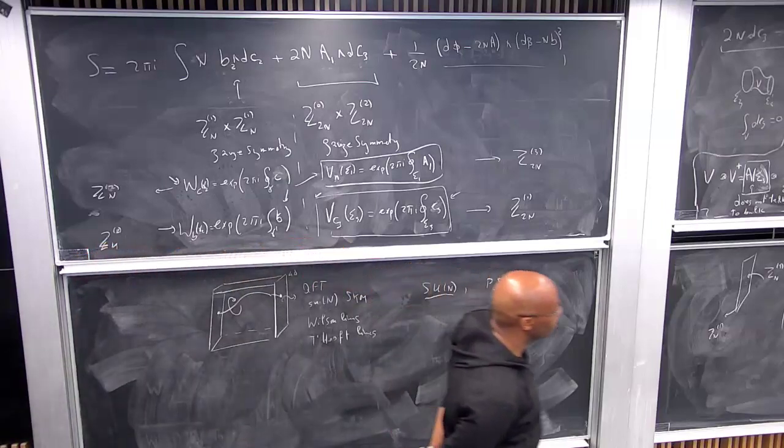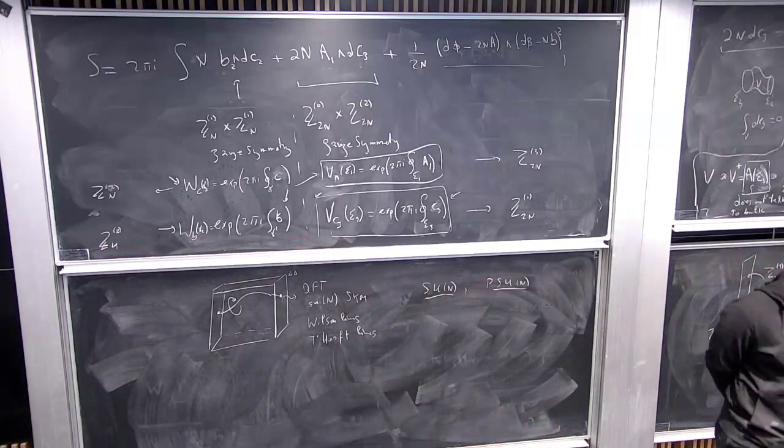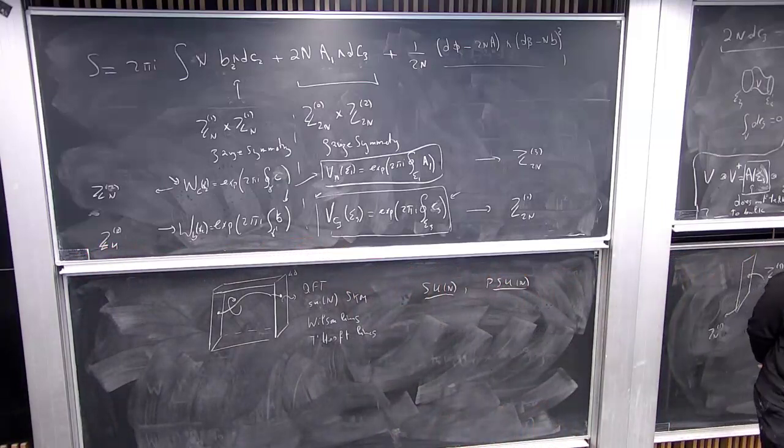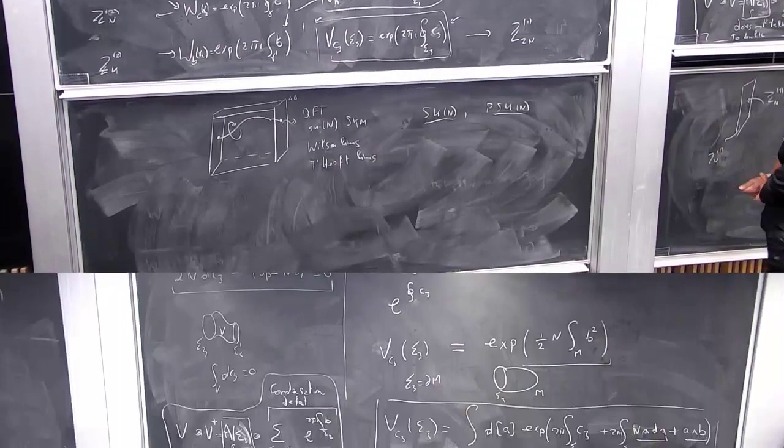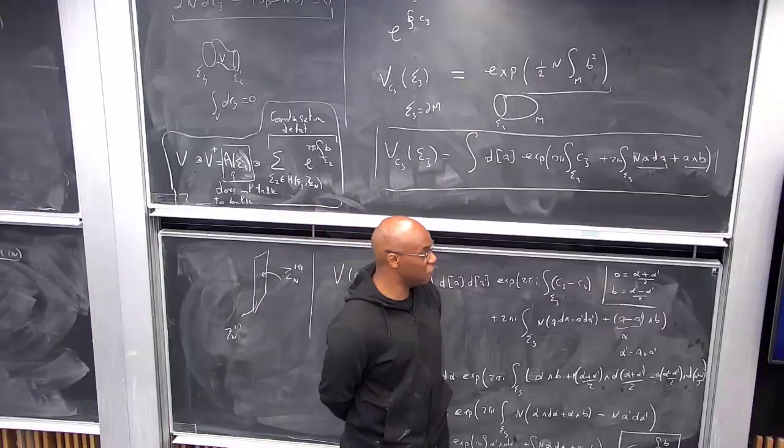You can also couple a different 3D TFT to cancel this anomaly. Is it clear that the operators will be the same? How are the two TFTs related? Because they should somehow be related if they give me the same operator, right? It could be a different TFT that you put in.